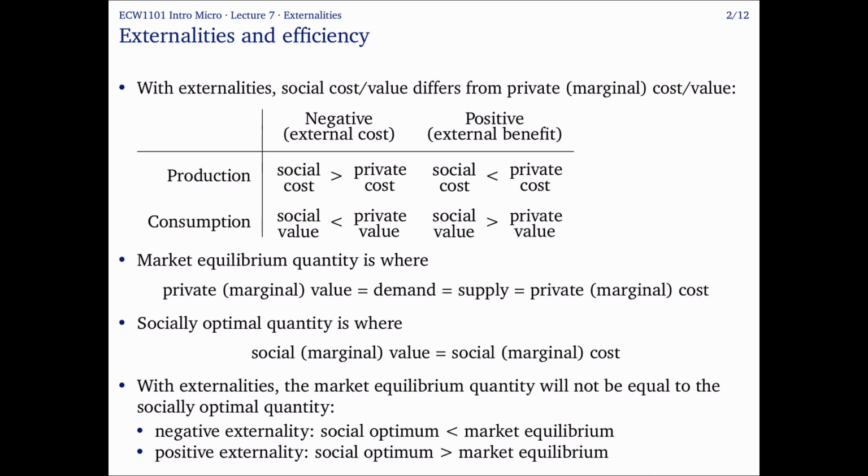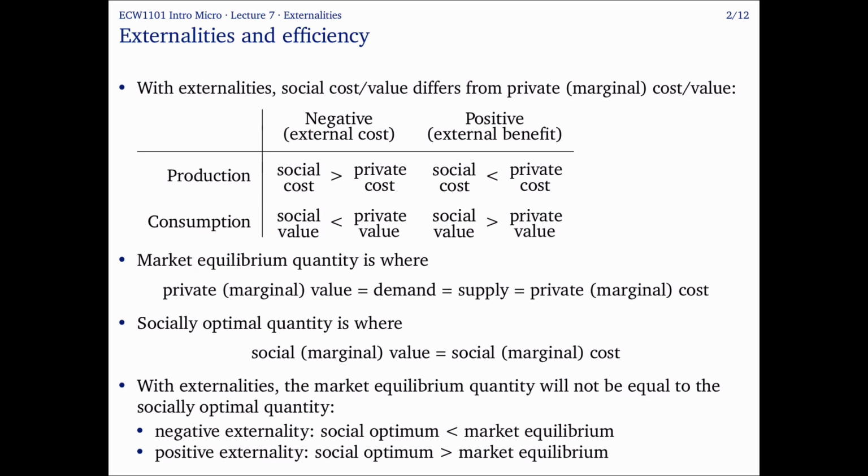So all of this means that there is a difference between the market equilibrium quantity being produced and consumed, which depends only on the private costs and values, right? Remember, everything you've looked at so far involves the case where individuals look at their costs, look at their benefits, and then decide how much to consume and produce. That's how the market allocates resources, how the quantities are arrived at: private values and costs.